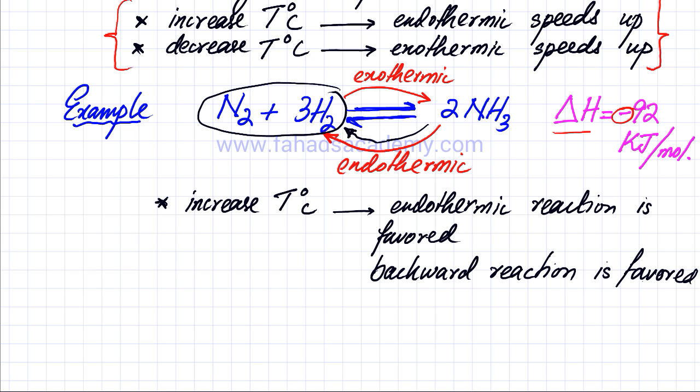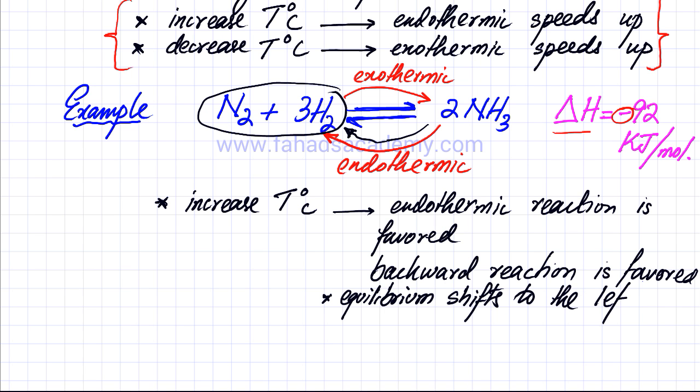So we can write that the equilibrium shifts to the left. Or what we can say is that the equilibrium favors the reactants, because more reactants would be produced.